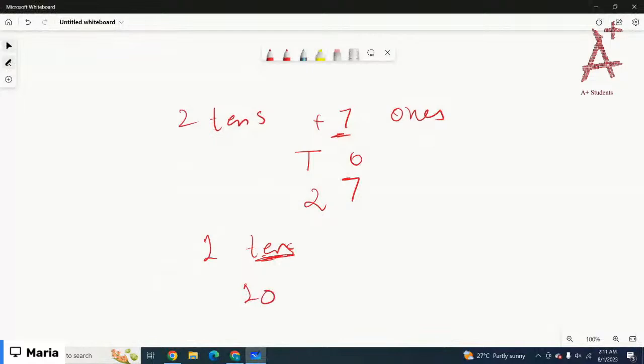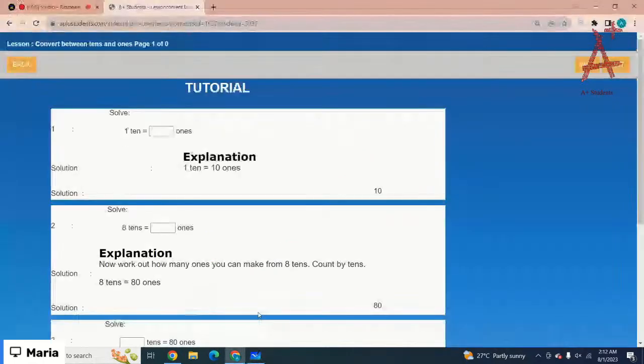So that means the digit at the ones position is 0. So 110 equals 10 ones, right?